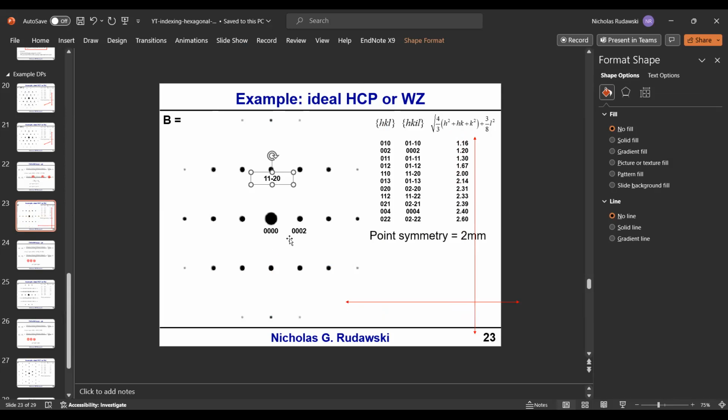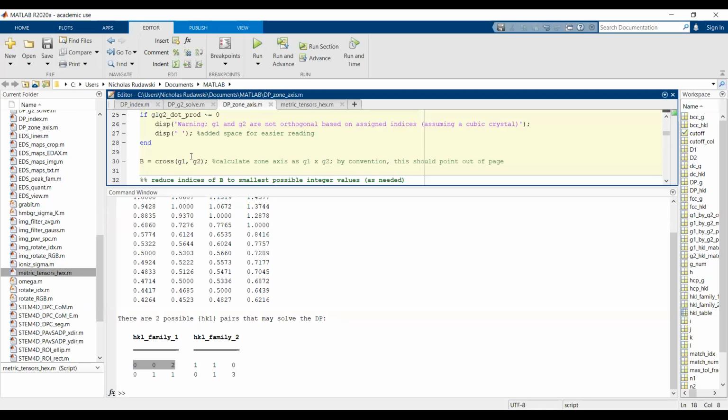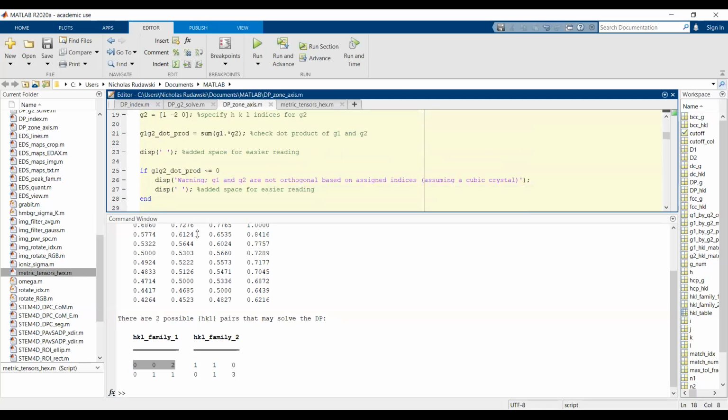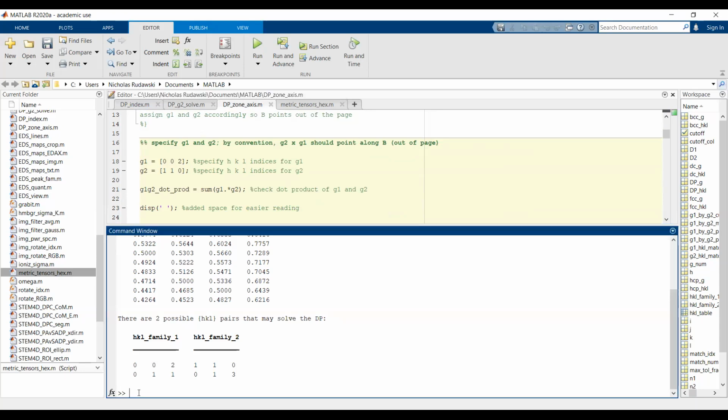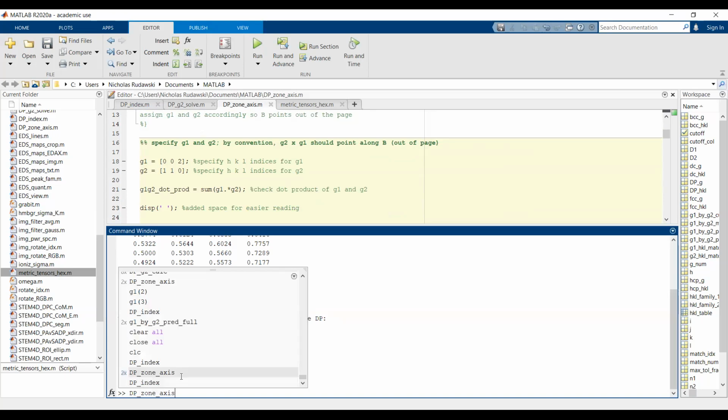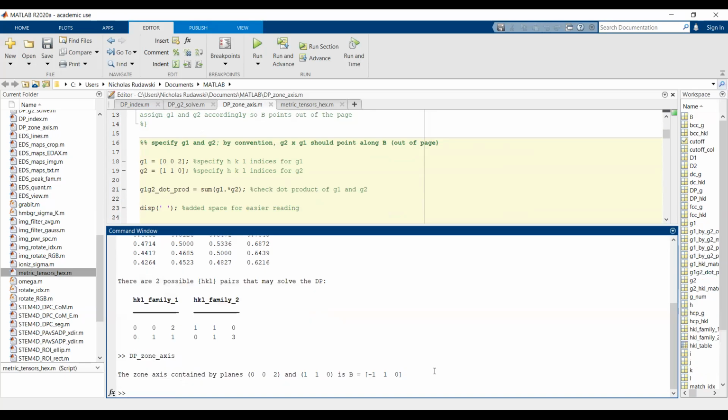Now I need the zone axis. So I'm doing 002 cross 110. We'll come back to my MATLAB script. 002, 110. Run this and we get out 1 bar 1 0.